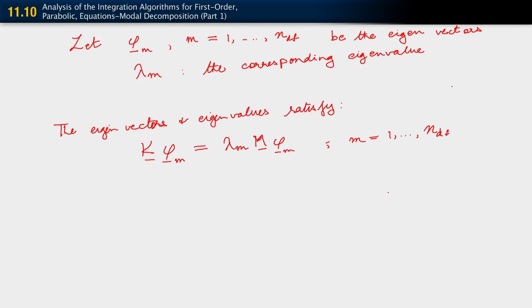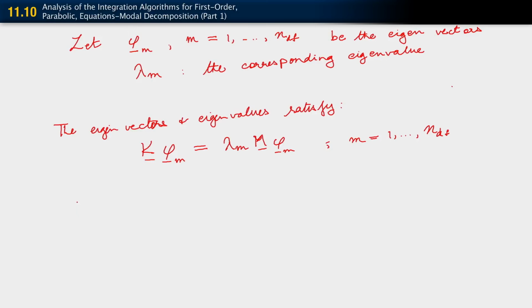Given this, it's possible to choose the phi m such that they satisfy a certain property of orthonormality.